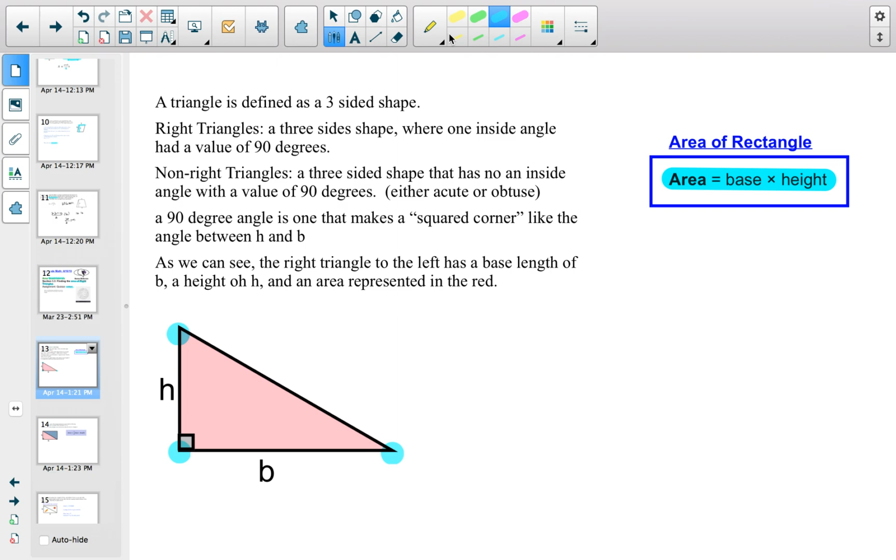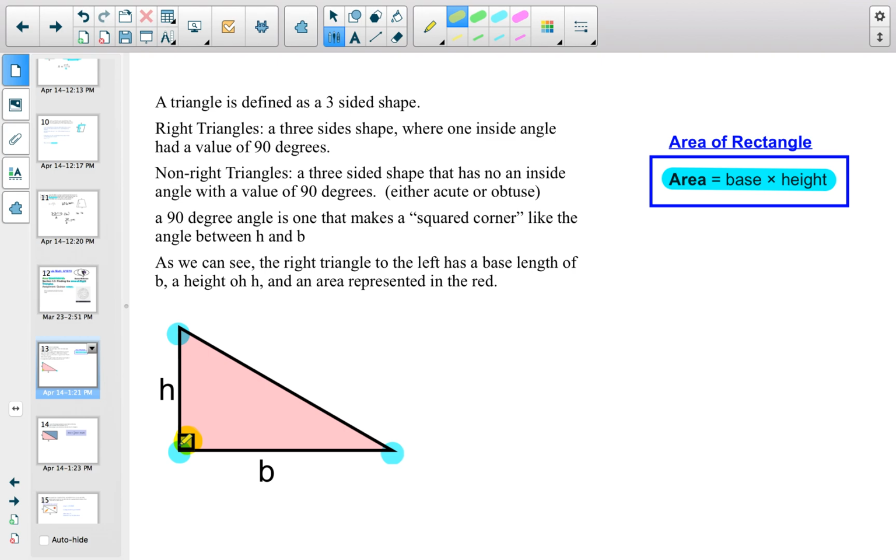A right angle has a square corner. So if you see this square, that means a right triangle or a right angle. A 90-degree angle is where we see a sharp corner right here, just like that. So a non-right triangle is just one that doesn't have this type of angle to it.